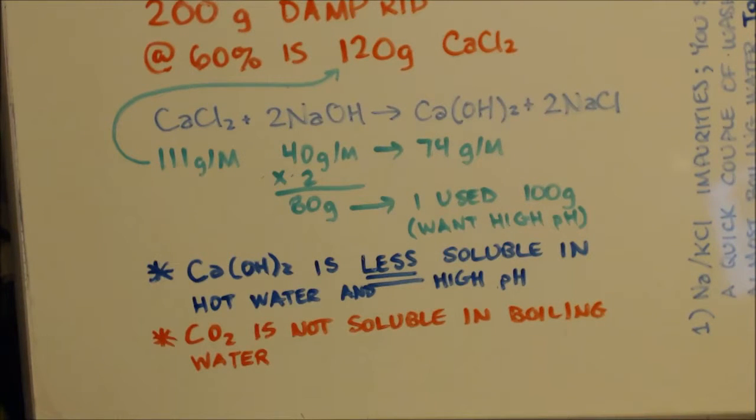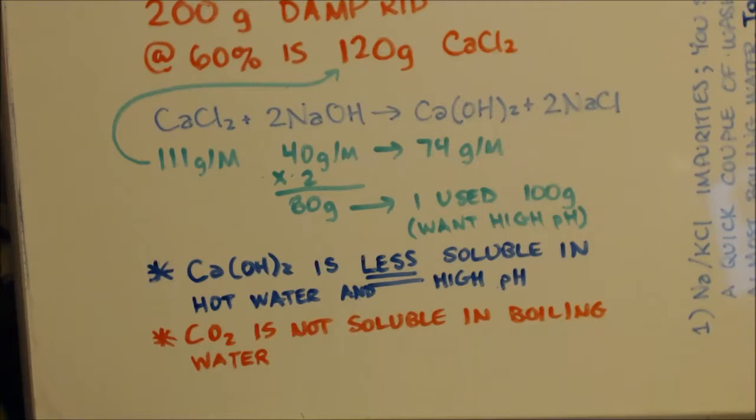There's another reason why you want it hot. I boiled my water because carbon dioxide is not soluble in boiling water, and that is what is screwing up making hydroxides. Carbon dioxide changes it into a carbonate so fast it's unreal, and I'm talking about minutes.